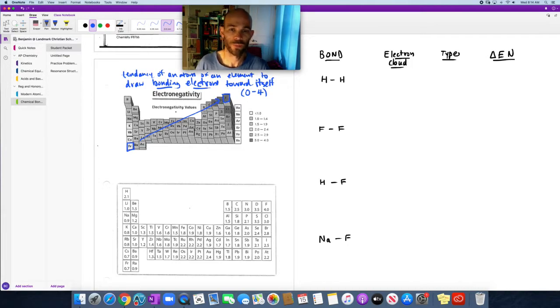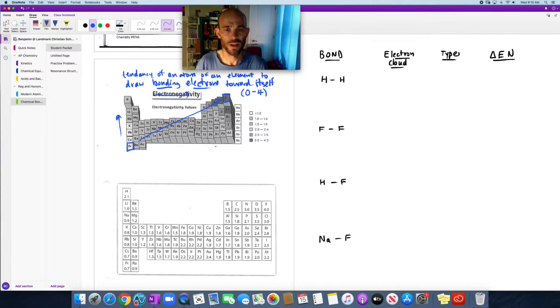There are, of course, some exceptions along the way. For instance, it looks like manganese is a little less electronegative than chromium, and zinc is less electronegative than copper. But in general, as you move either up or to the right along the periodic table, you're getting more and more electronegative.